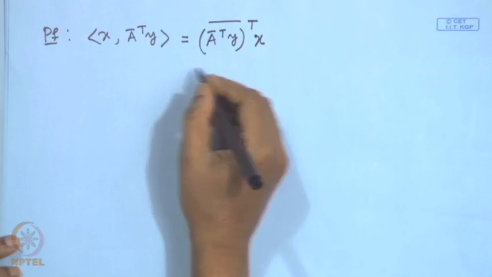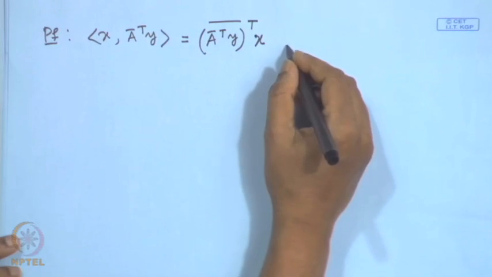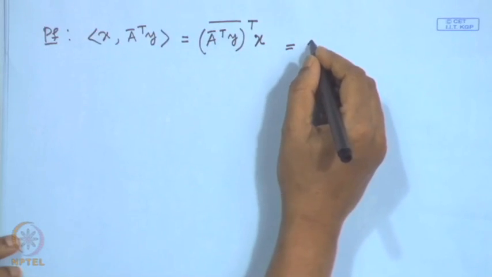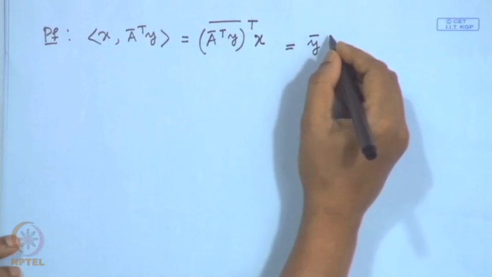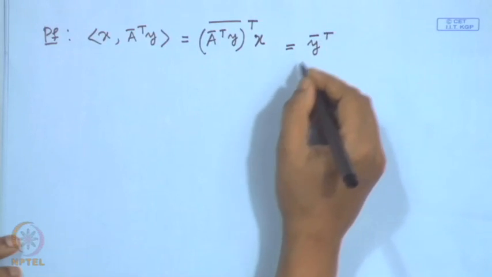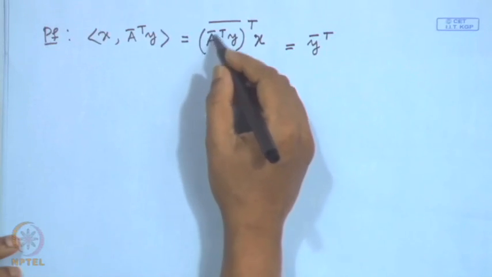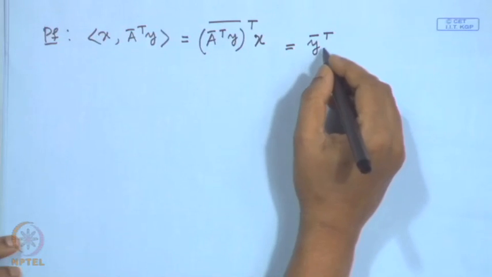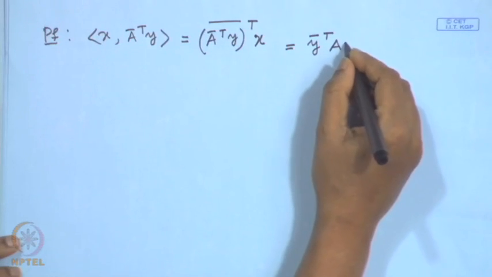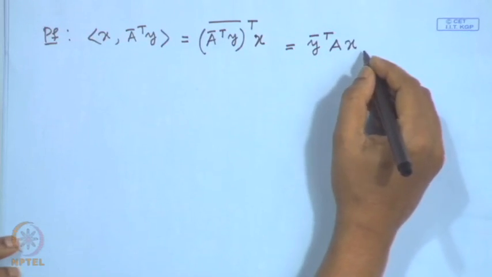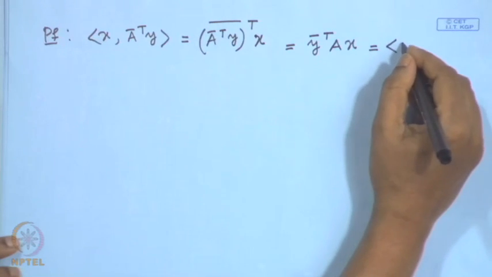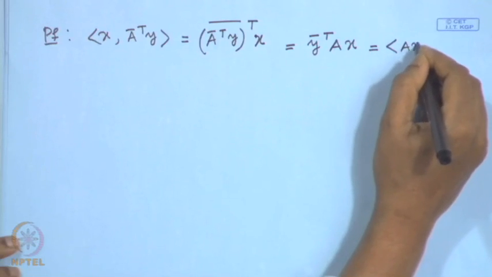If we consider the conjugate transpose of this quantity, then we get the conjugate transpose of y, and the conjugate transpose of A will be A again. So, we get A x, and that is exactly the inner product of A x with y.